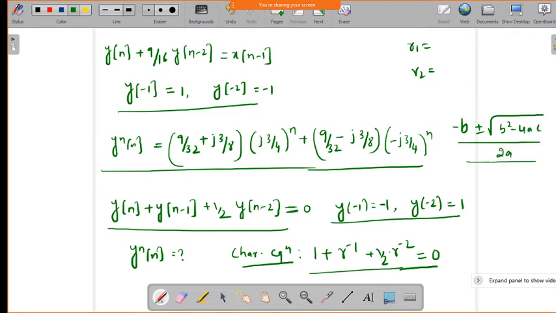So take this equation and multiply by 2r square, so you will get 2r square plus 2r plus 1 equal to 0. Now put the a, b, c values and find out r1 and r2.